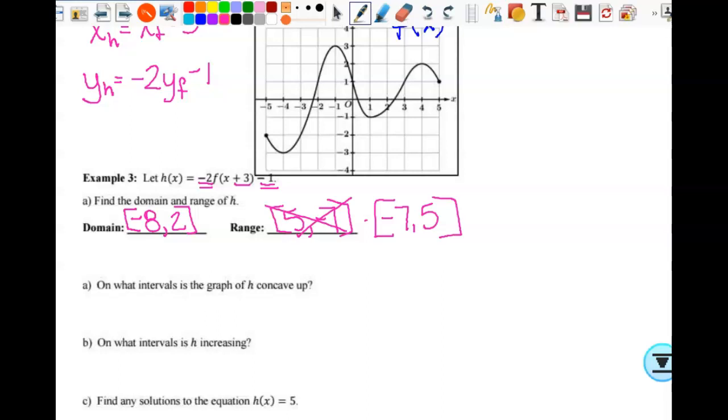If we have a graph that is curvy like this, then you can see that it's up and down, right? But where it changes from concave up to concave down, what's that point called? Point of inflection. Good. A point of inflection is where we change from concave up to concave down and vice versa.